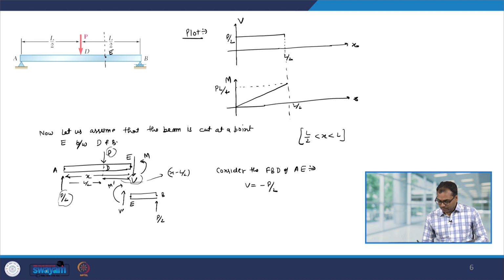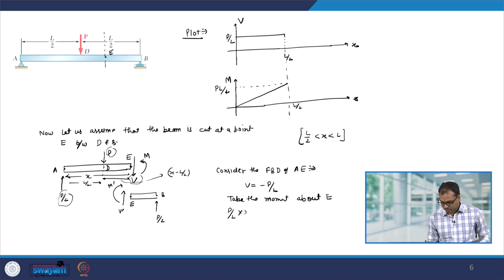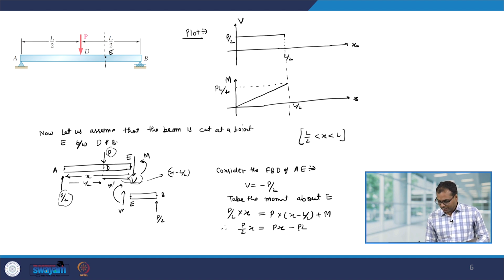Now, to find out M, let us take the moment about E. So, we have force P by 2 into x equal to force P into its perpendicular distance x minus L by 2 plus M. So, we got P by 2 into x equal to Px minus PL by 2 plus M, and this gives you M equal to P by 2 into L minus x.